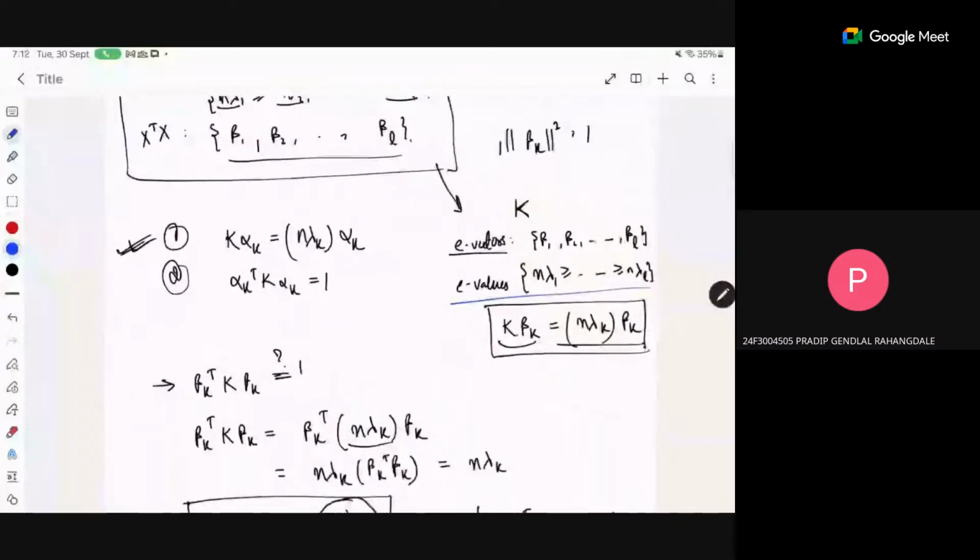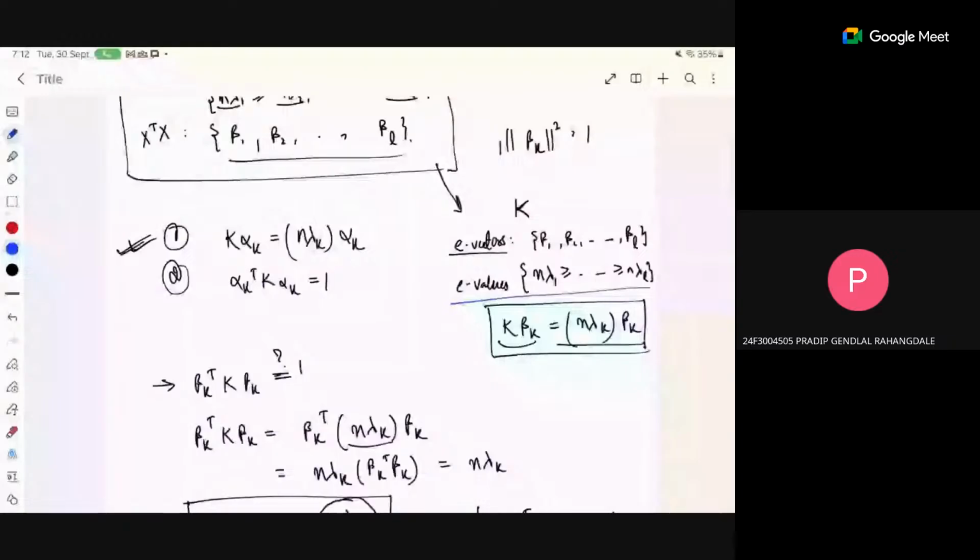For these principal components, we have assumed that the length of these eigenvectors should be 1. We made this assumption from the very starting, from week 1 itself. So even here, the length of that beta has to be equal to 1. It is just an assumption coming from the very start.